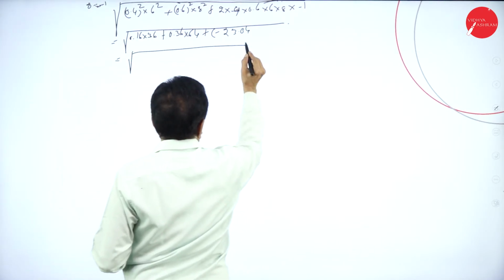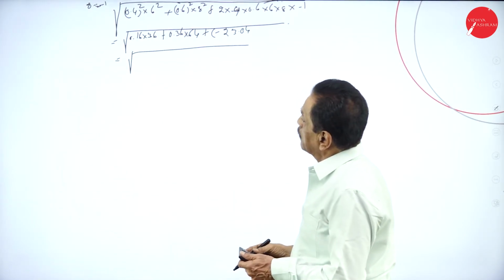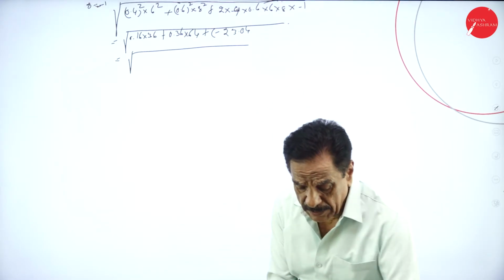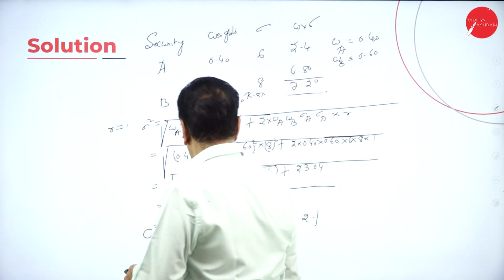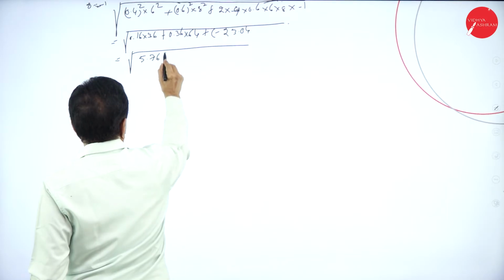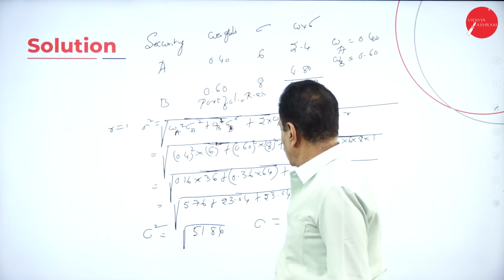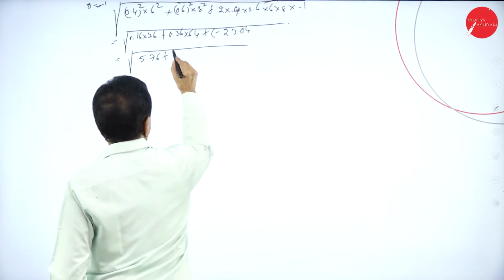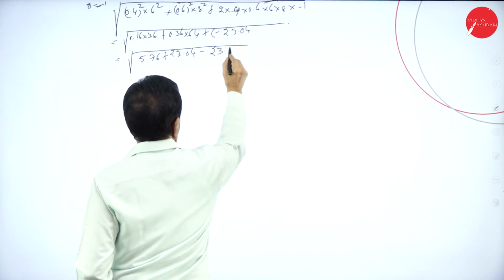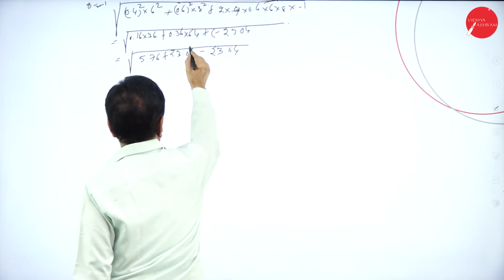Simplify. This is 0.16 into 36. Same answer here. First one, 5.76. Second one, 23.04 minus 23.04. So this is cancelled out.